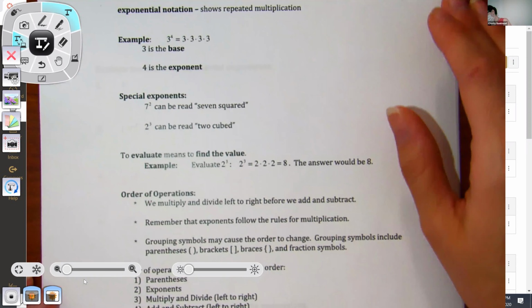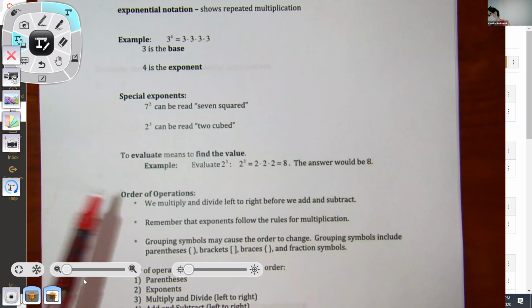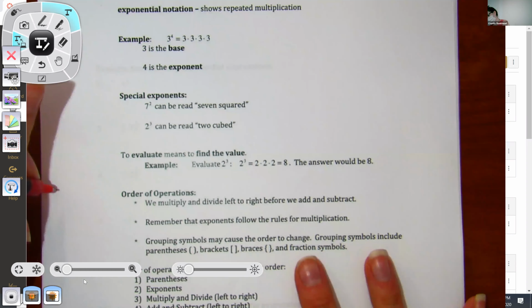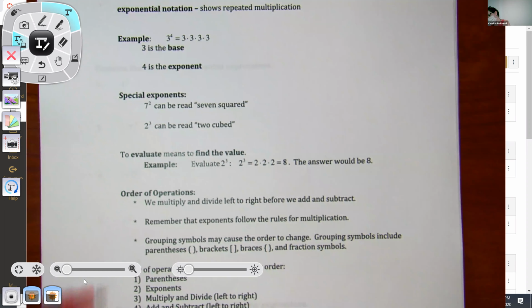For the order of operations, we multiply and divide from left to right before we add and subtract. Exponents follow the rules for multiplication.